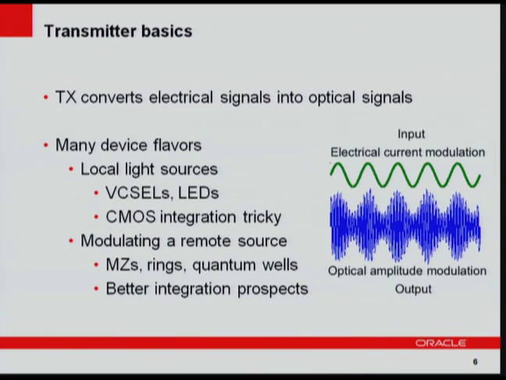There are device flavors that you heard already, either with VCSELs, LEDs, or something that has a remote light source, in which case you have rings or quantum wells to modulate that light source. I will consider rings in particular.